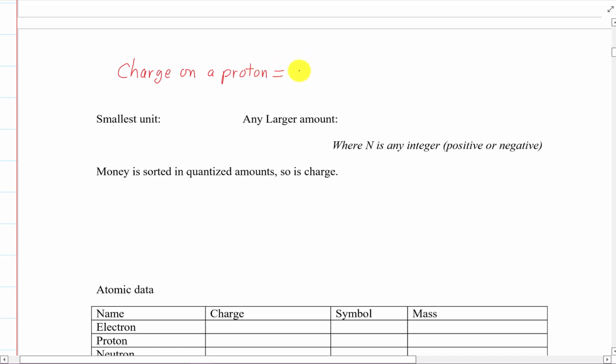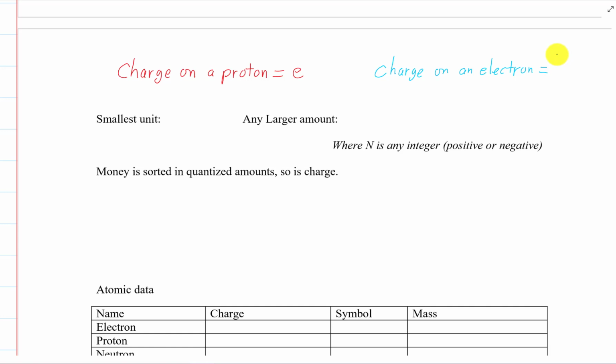The charge on a proton is e. What is the charge on an electron? Anyone want to raise a hand and yell it out?